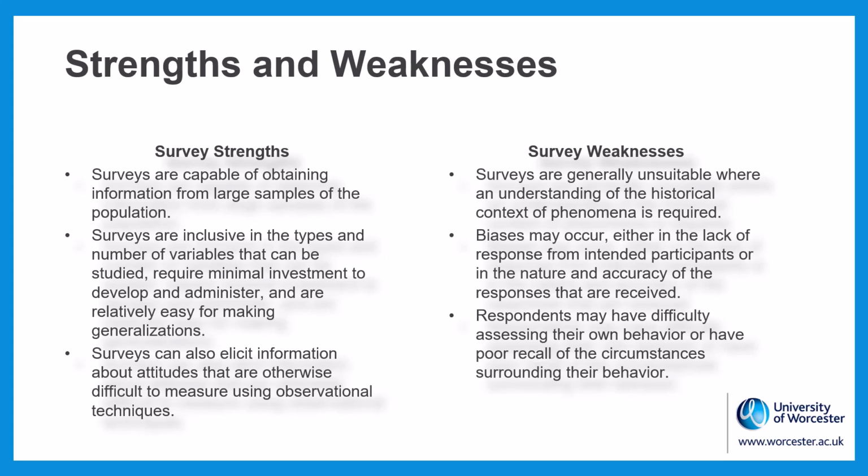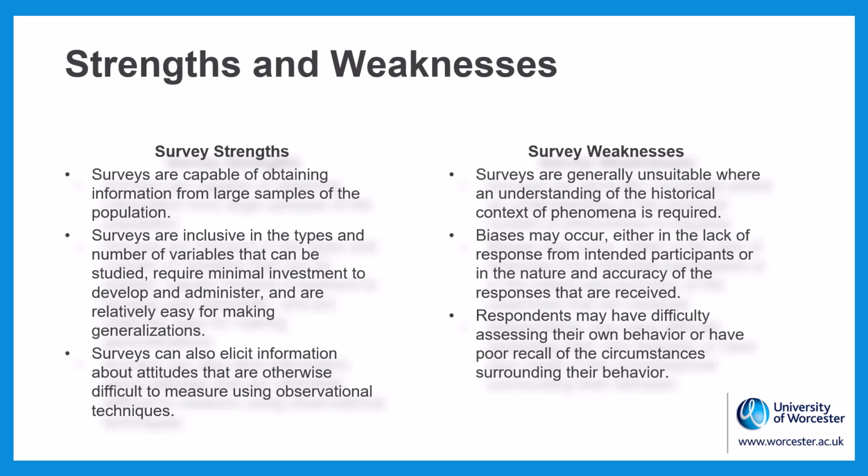Now let's focus on some weaknesses. Surveys are generally unsuitable where an understanding of the historical context of phenomena is required. Therefore, biases may occur either in the lack of response from intended participants or in the nature and accuracy of the responses that are received.